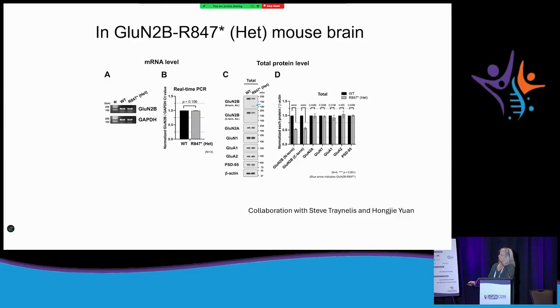We, then, we being Sehun in my lab, looked at the analysis and found there's about half as much protein. So you can see here the full length protein, there's about half as much. That's what you would expect because one allele has the truncated one. You see very little of the truncated species here, but it is there.